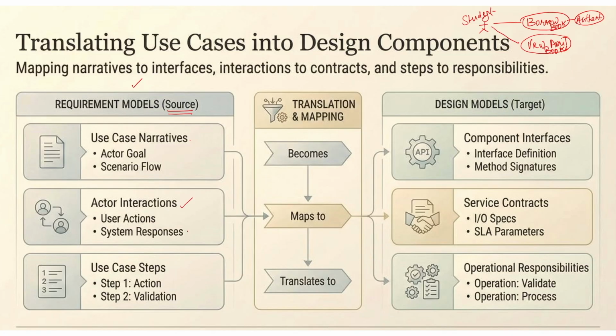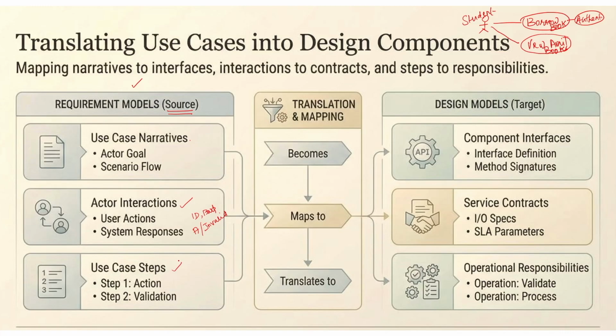And the set of responses, say for example, if he gives the ID and password, you may provide a response saying he is authenticated or an invalid user. This is the system response, which is also considered as part of your actor interactions. And the third one is use case steps.